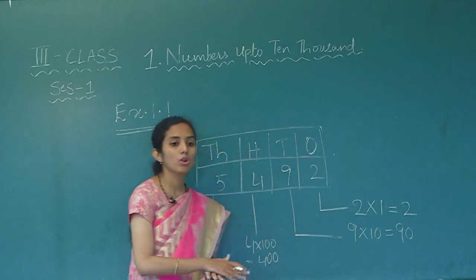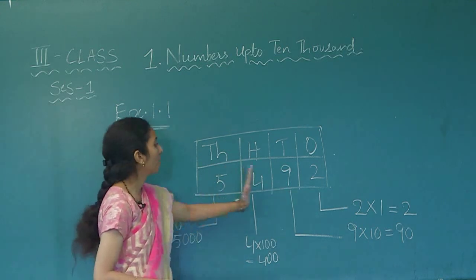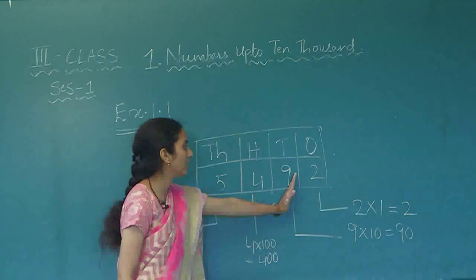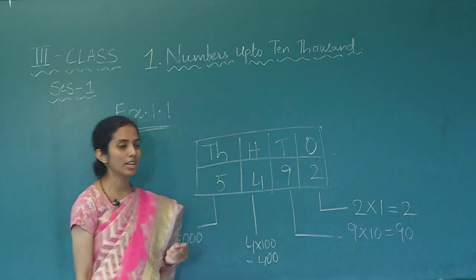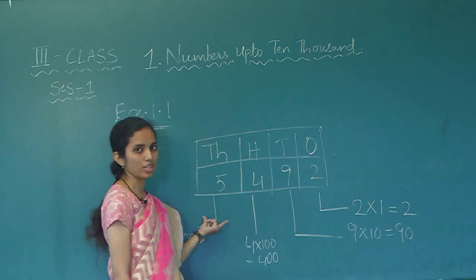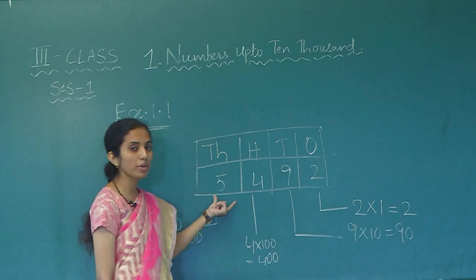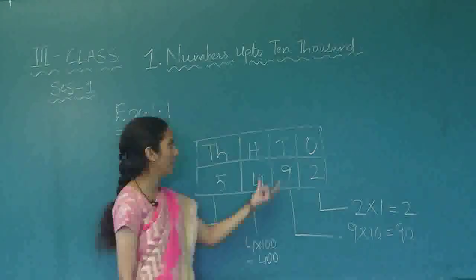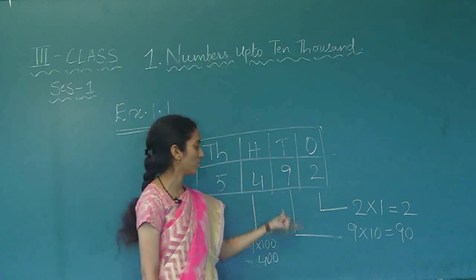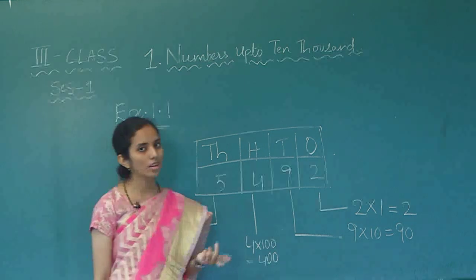So what is the number given here? 5492. So this is how we read the number, yes or no? 5 in thousands place means 5 thousands, 4 in hundreds place, so 400, 9 in tens place, so 90, 2 in ones place, so 2 ones are 2.